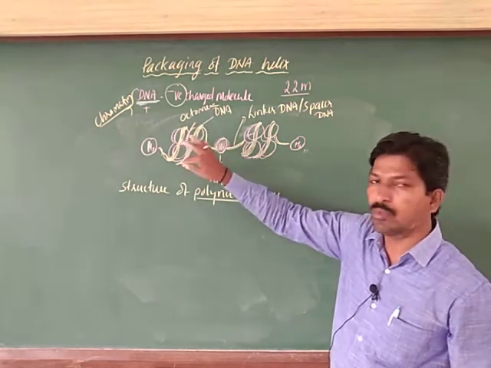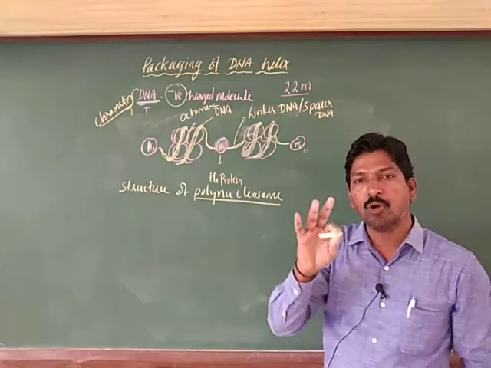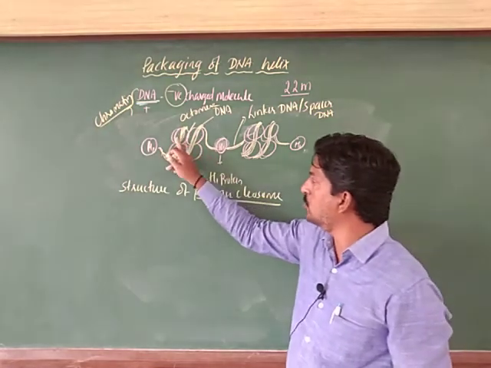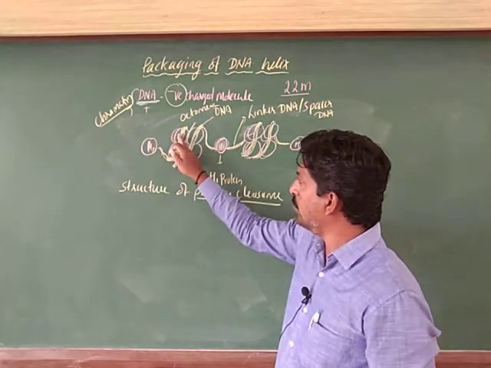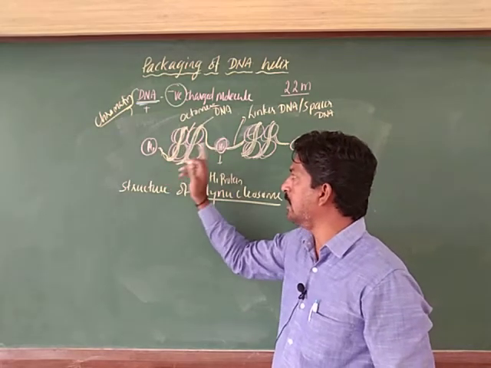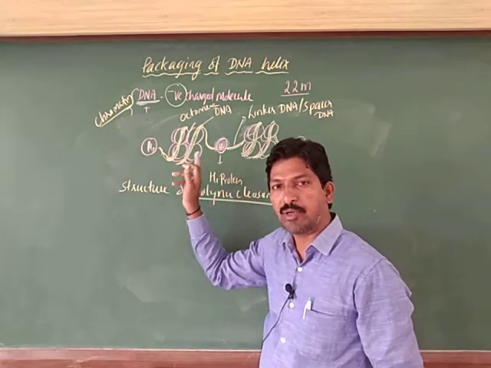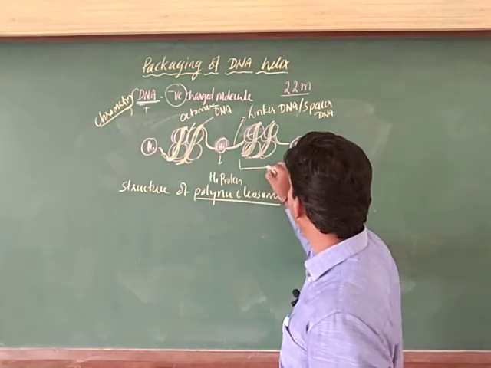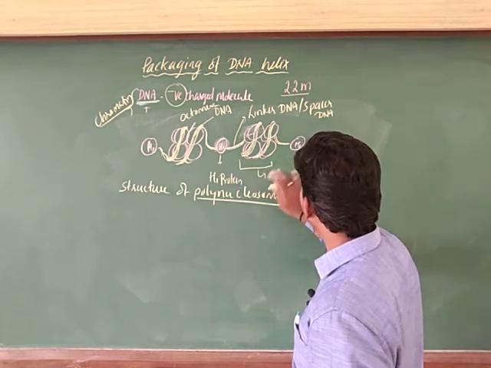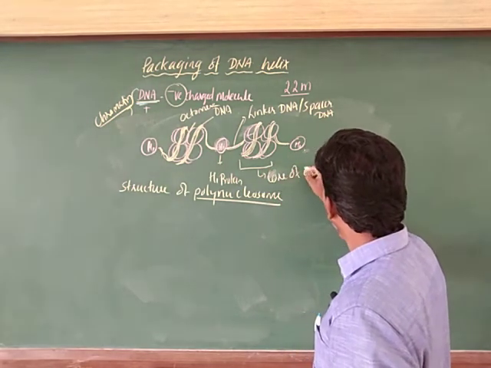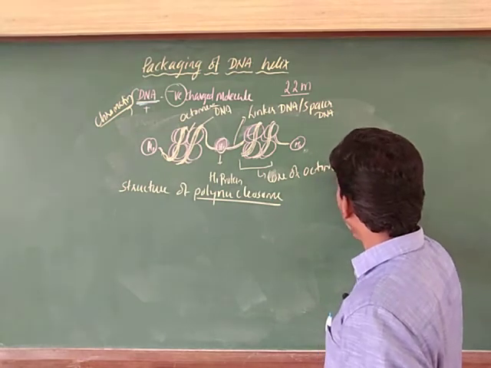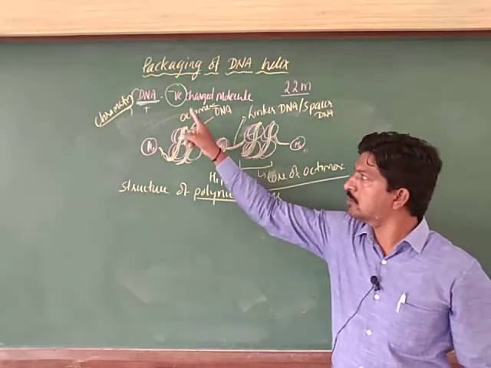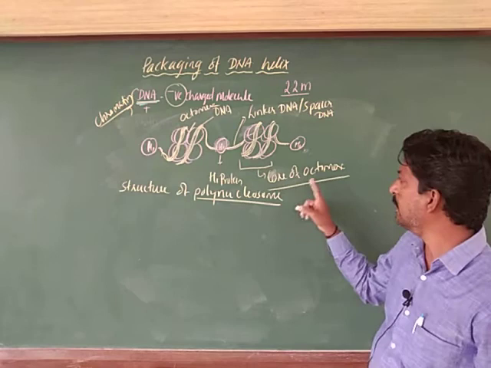The core of the nucleosome is formed by 8 molecules of 4 types of histones, that is H2A, H2B, H2A, H2B and H3, H4. These are the types of histone proteins. The core octamer has 4 types of histone proteins.